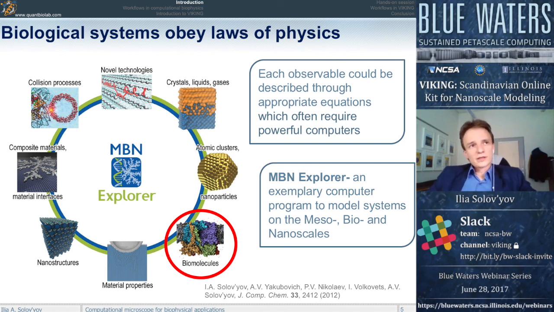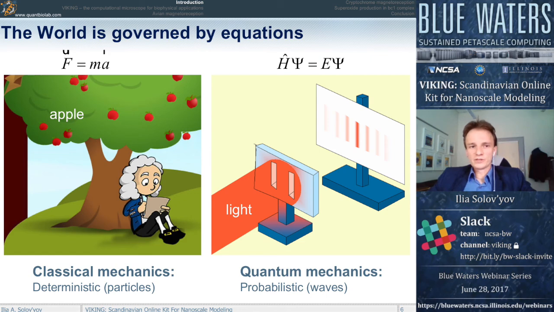So talking about fundamental laws of nature, fundamental laws of physics. Here I would like to show you this very general slide, where basically I would like to emphasize what fundamental laws of nature one can think about when you consider different processes. And again, biophysics is not an exception here.